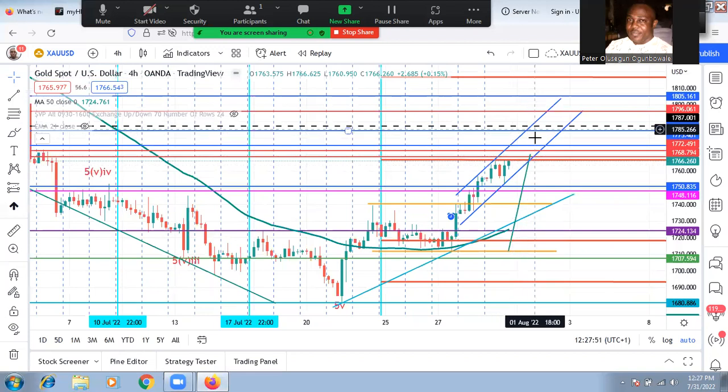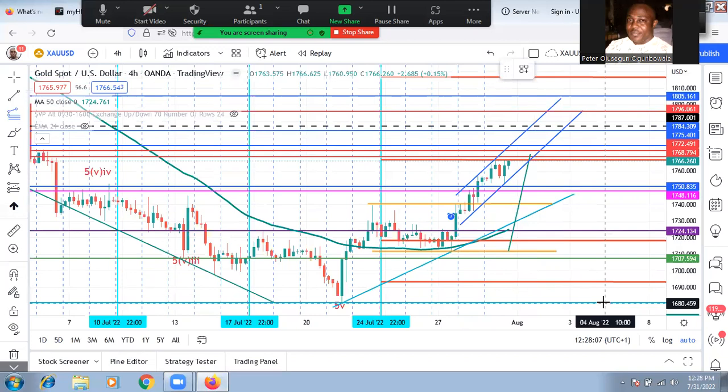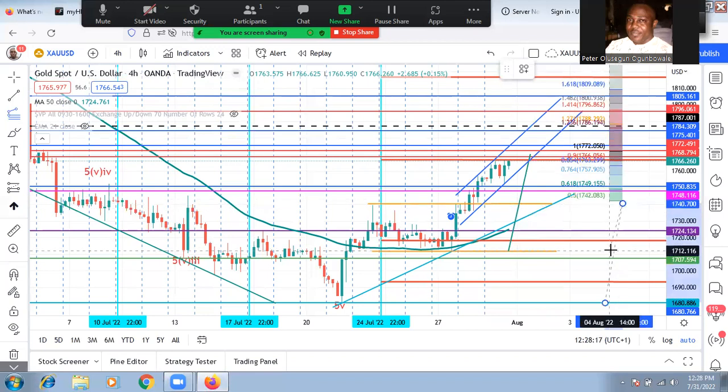That's the zone. So if I want to do anything, I should be looking for price reaction for the downside, for a decline. It's still the same.